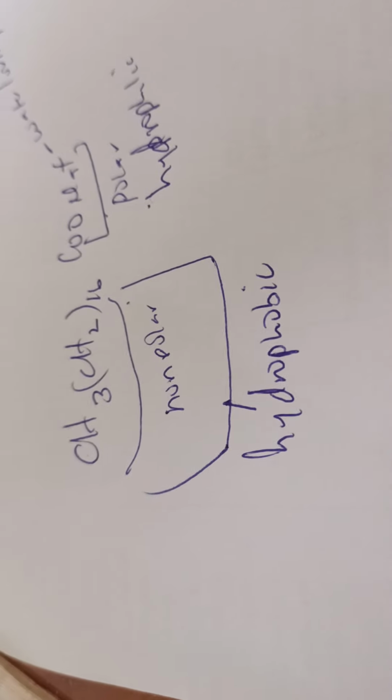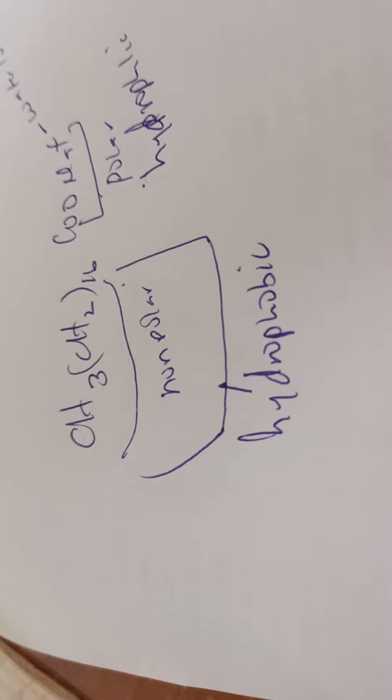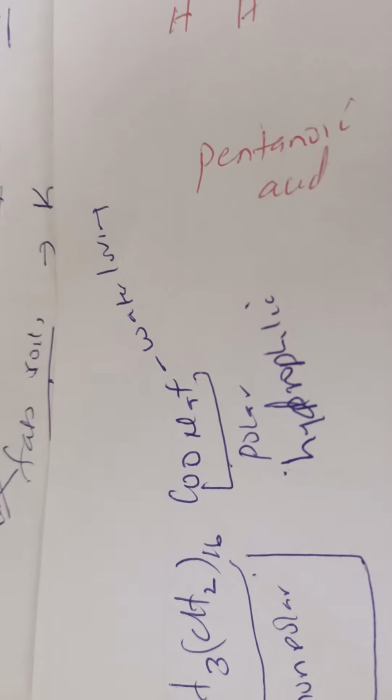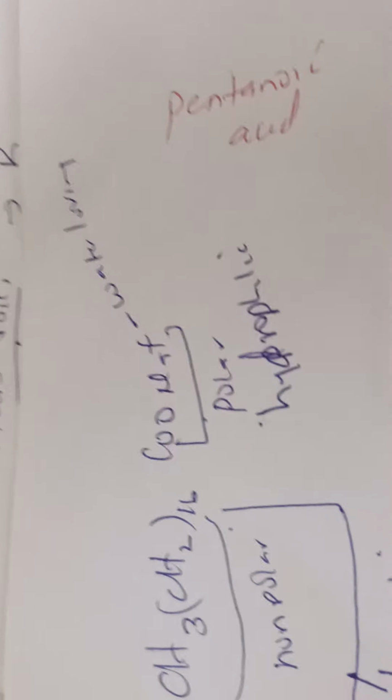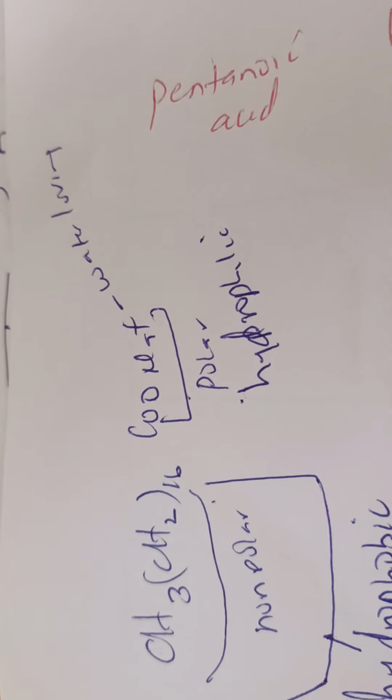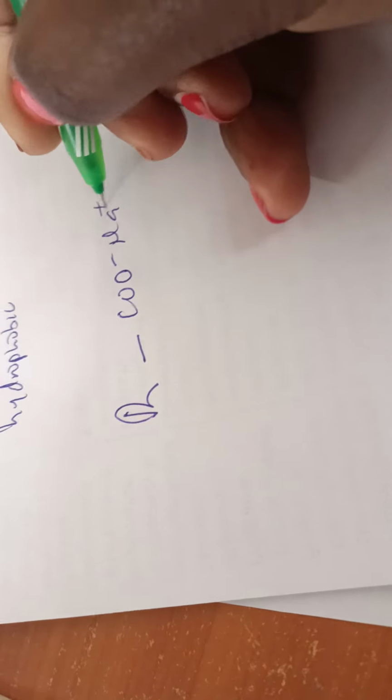So soap has two ends, one hydrophobic, the end with the alkyl group, and hydrophilic, the end with the carboxylate group. We can also write it as RCOONa. So this end is hydrophilic, the alkyl group is hydrophobic.